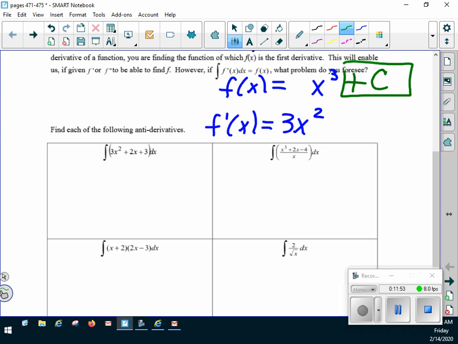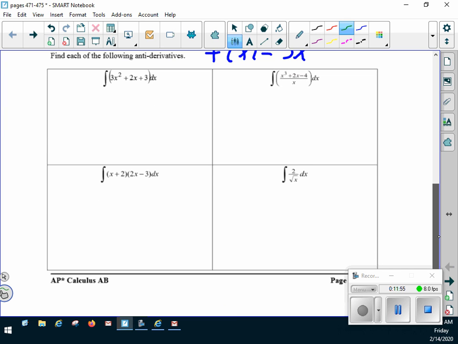Now, here's what we're going to do. Notice this says find each of the following antiderivatives. And you have that funky symbol. That symbol, when you draw it, looks like that. When you read it, you read it as the integral of.